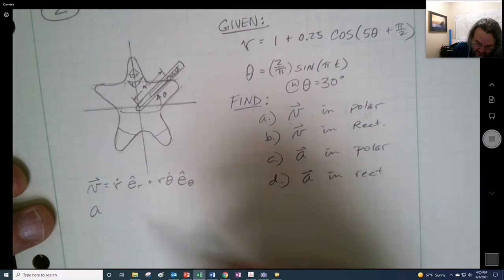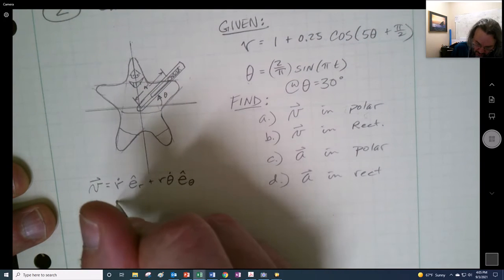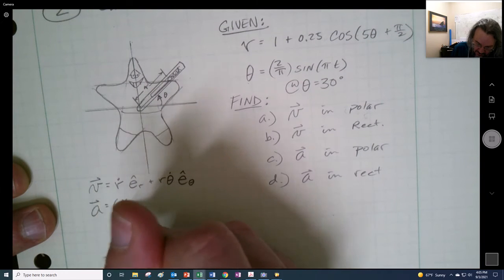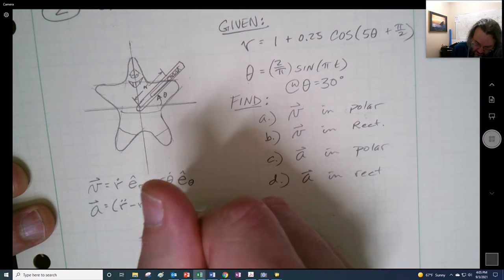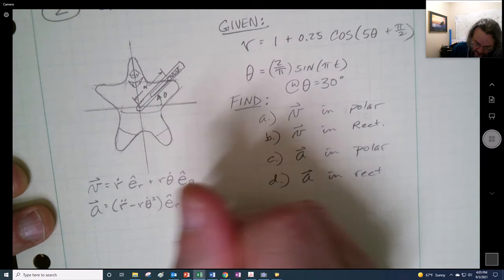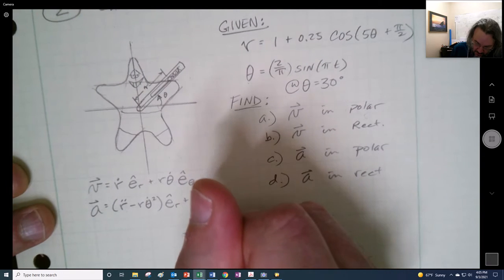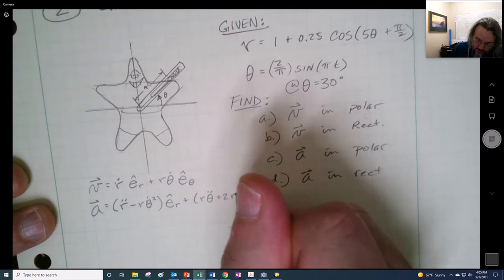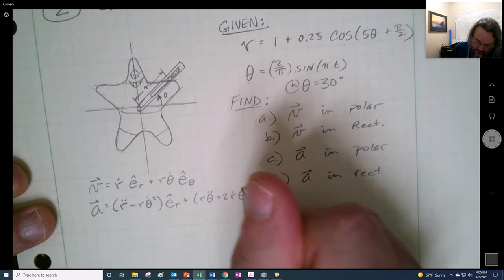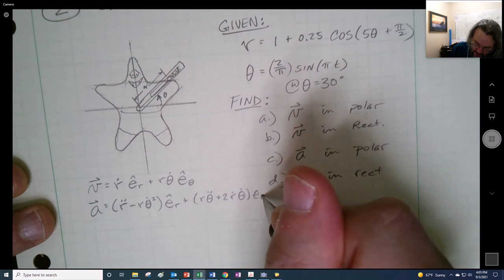And then the acceleration is a longer one: r double dot minus r theta dot squared e_r plus r times theta double dot plus 2 r dot theta dot e_theta, right?